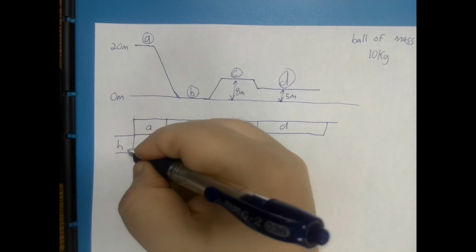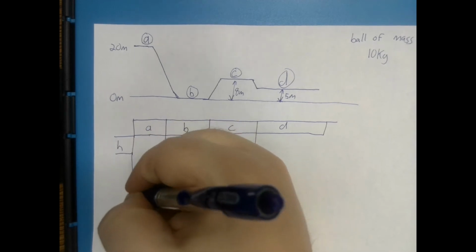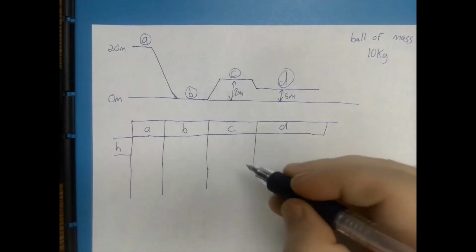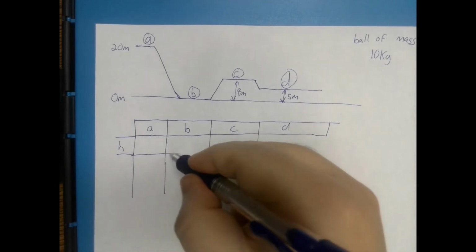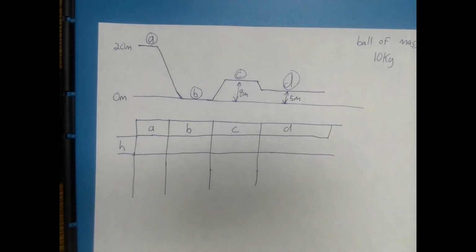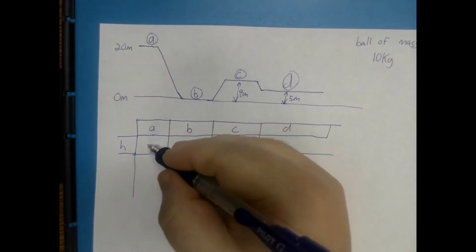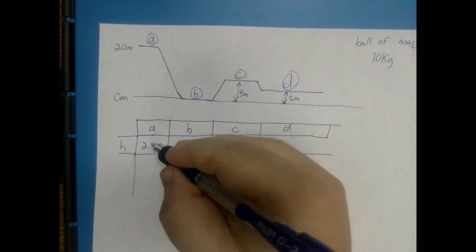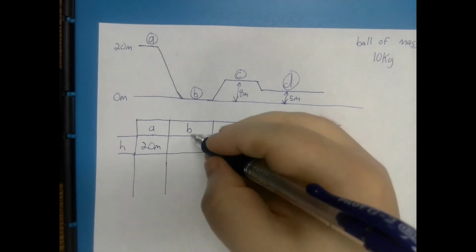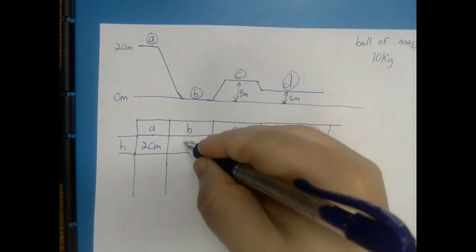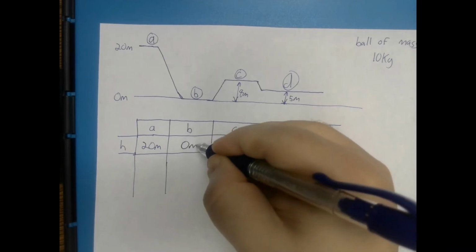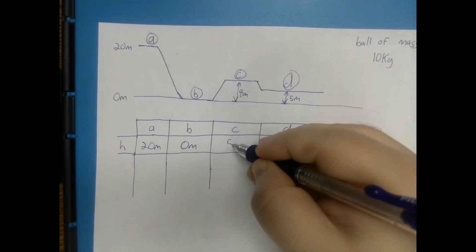Okay, so let's look at height for all of these. So what is the height of A? 20 meters. Height of B? C? 8.